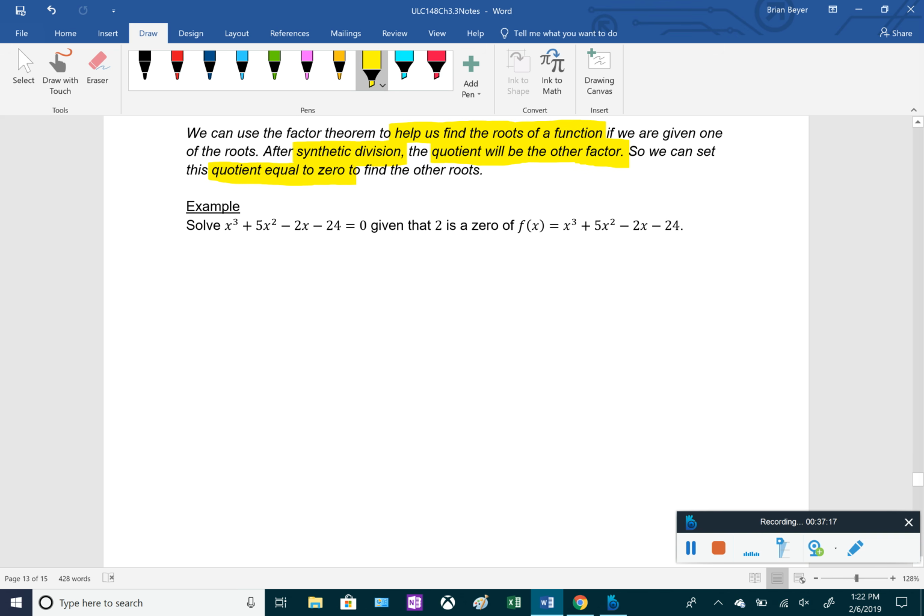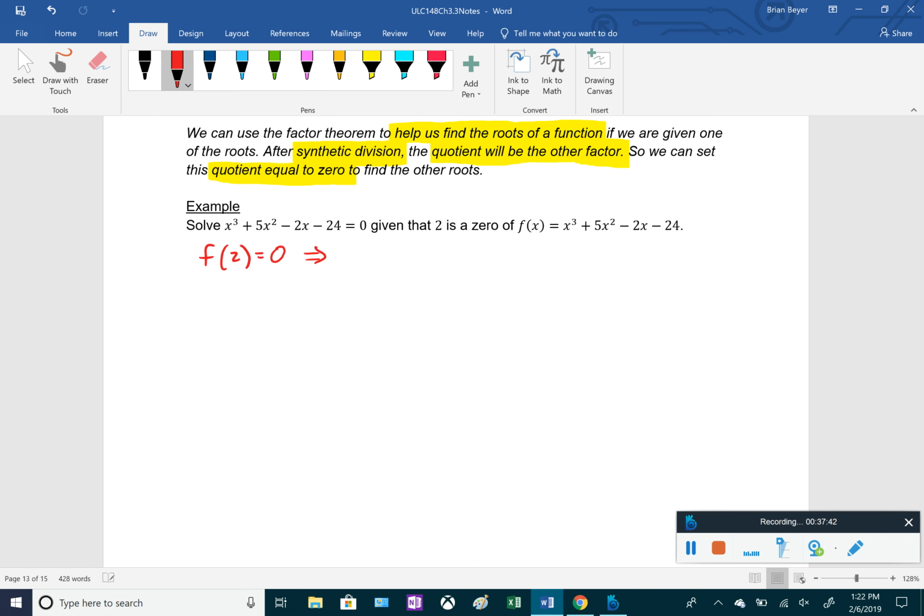Okay, so let's do an example here. So let's solve x cubed plus 5x squared minus 2x minus 24 equals 0, given that 2 is a 0 of that function. So based on the factor theorem here, we are told that 2 is a 0. So that means f of 2 equals 0.